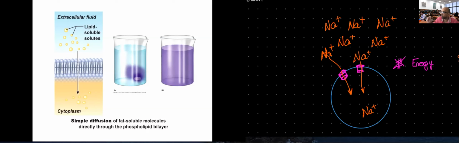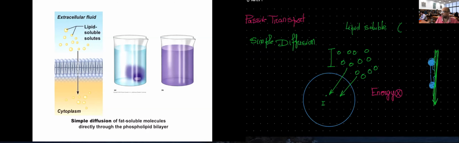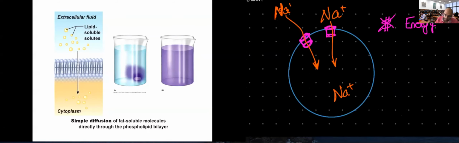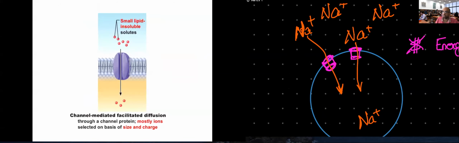Why? Because the sodium is passing from high concentration to low concentration. But it can't pass like the fat soluble, lipid soluble, through the plasma membrane. It requires you to have a channel, a sodium channel. So this is a passive transport.